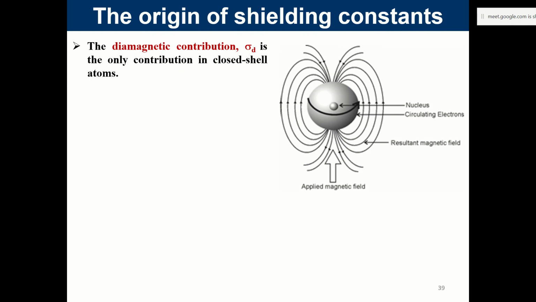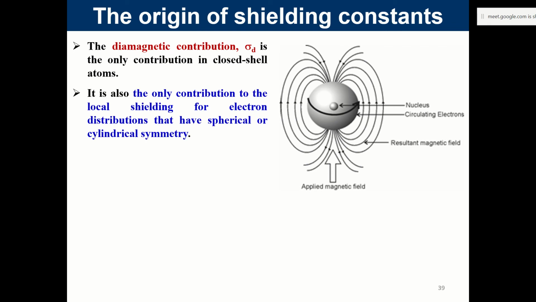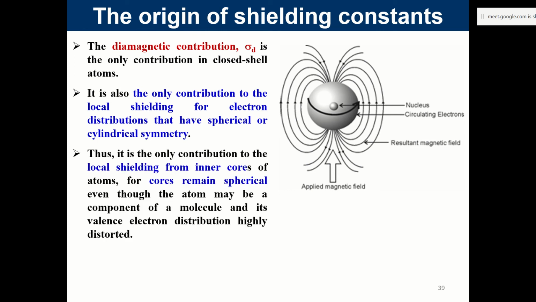A closed shell atom only has diamagnetic contribution. There is no paramagnetic contribution that you can think of for this, if you are considering the nucleus here and circulating electrons around it. So, local shielding from the inner cores. This is the only contribution in an atom, because the core is spherical.